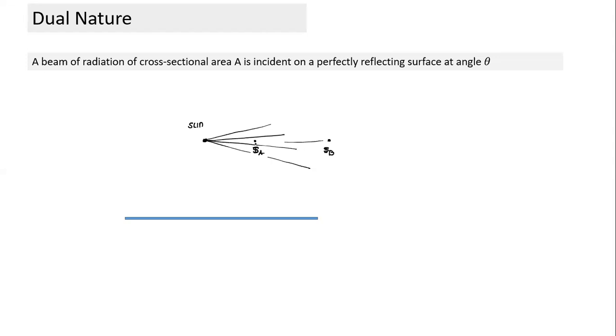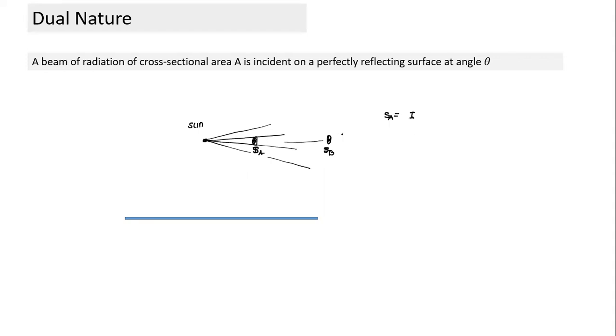What is the magnitude of the pointing vector? It is equal to the intensity on which surface? A surface which is perpendicular. So many times when we talk about intensity without mentioning the angle of the area, we assume that the area is perpendicular, which may or may not be.